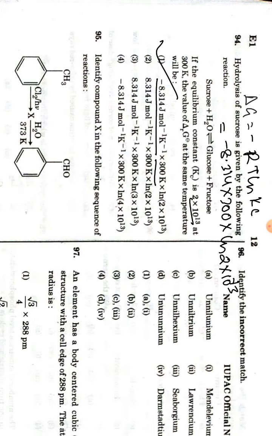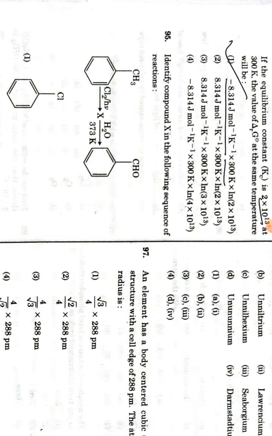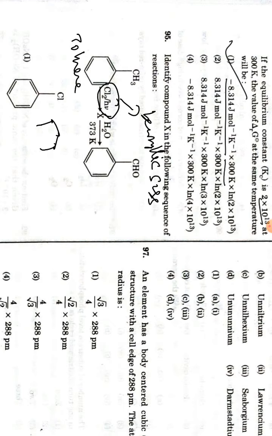Now coming to 95, identify the correct statement. This is toluene on reaction with chlorine in presence of sunlight. So it is a benzylic substitution. So on benzylic substitution, the benzyl hydrogens get substituted by the chlorine in presence of sunlight.